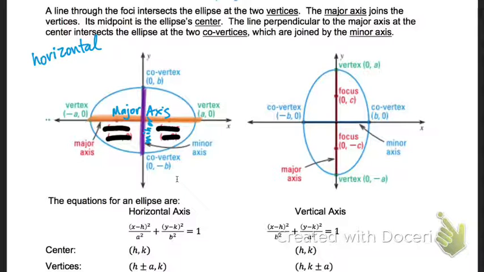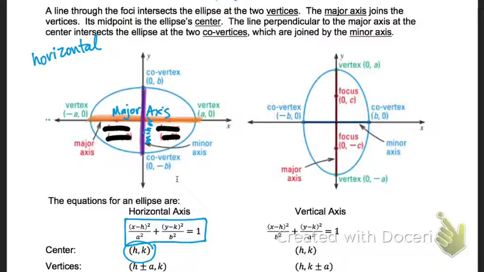So when you have the formula that we've been learning from the beginning, this is the formula for a horizontal. The x is always written first. The y is written second. You have a plus sign in between. The center is at (h, k).